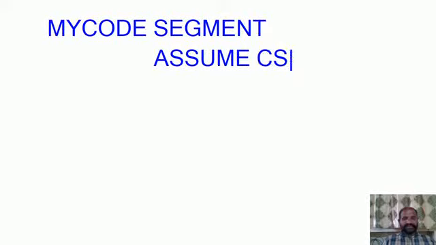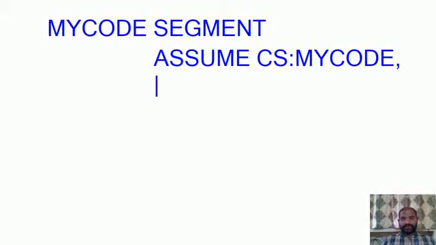So treat my code label as a code segment, my code, comma. Actually, it is a continuation. Again, we don't have sufficient space, so that's why I'm using the next line.